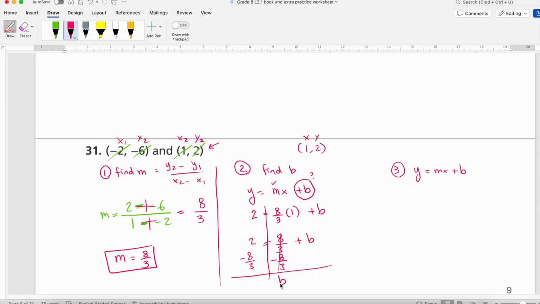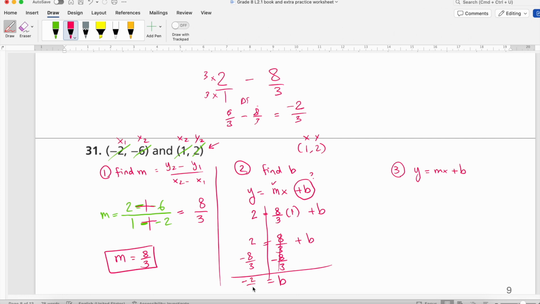Then b equals 2 minus 8 over 3. 2 is 2 over 1, okay? They should have the same denominator, so just multiply by 3. It's going to be 6 over 3 minus 8 over 3. To subtract fractions, just put the denominator down. 6 minus 8, different signs, subtract to get 2. Put the sign of the greater number, so it's negative.